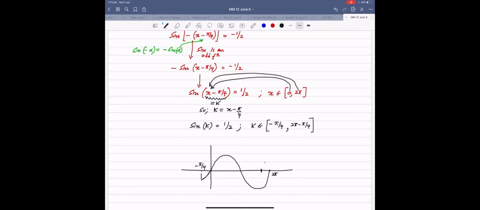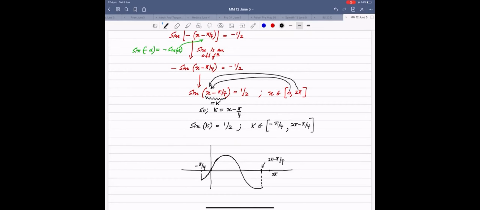This is 2 pi minus pi divided by 4, right? So what you do, you get this and you erase the unnecessary part here. Okay, see, nice. So I'm drawing every detail.